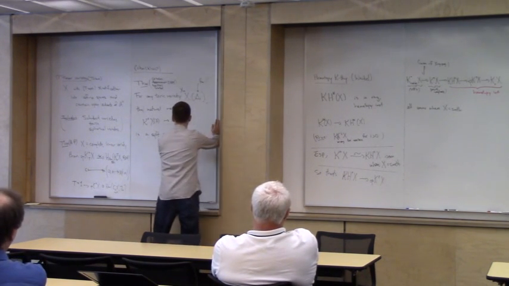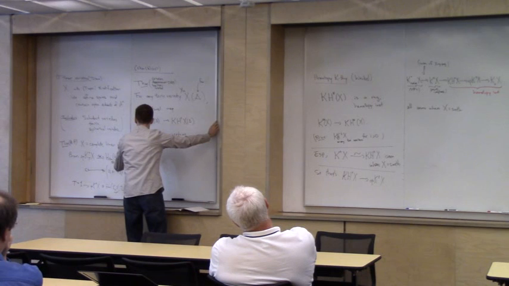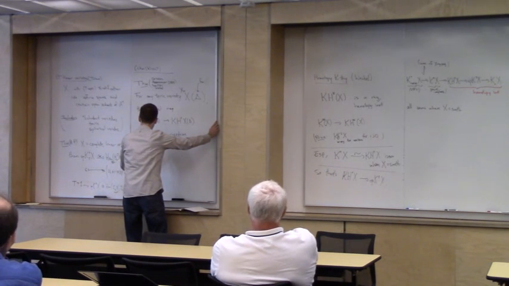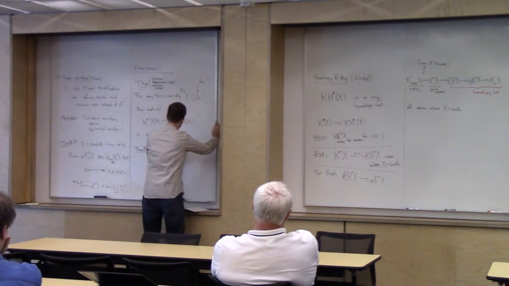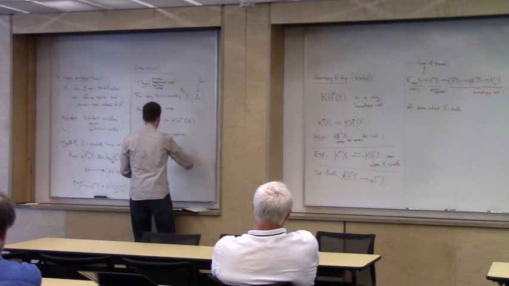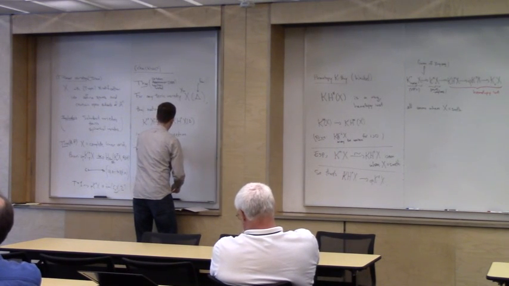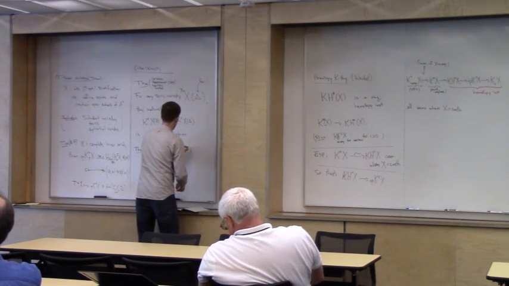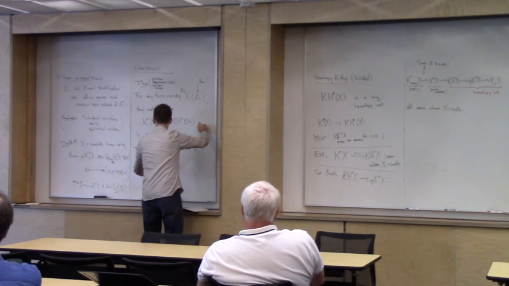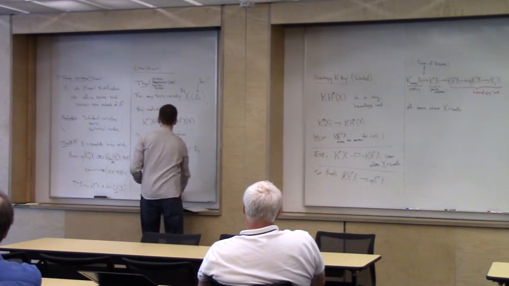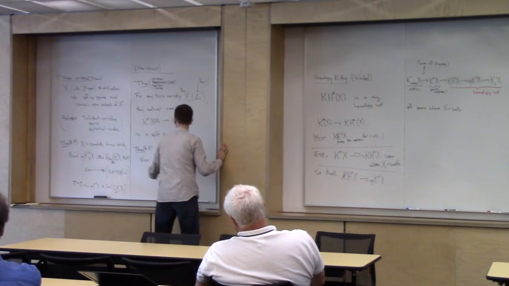And so what we were able to prove was that, in the above situation, if the dimension of X is at most 3, then this map is surjective.